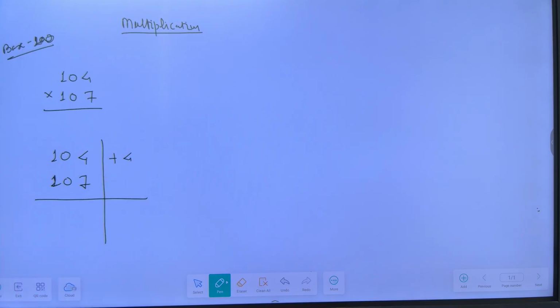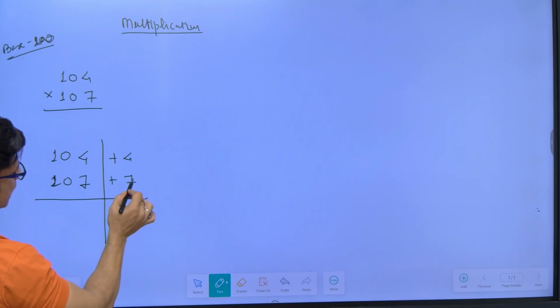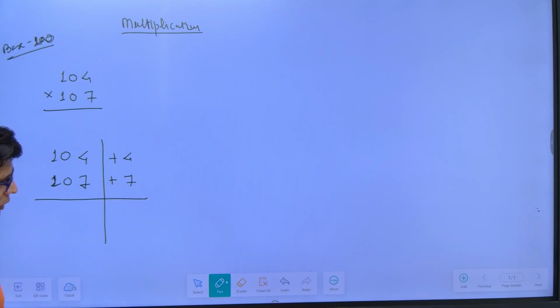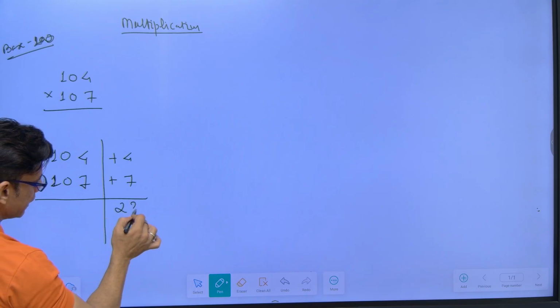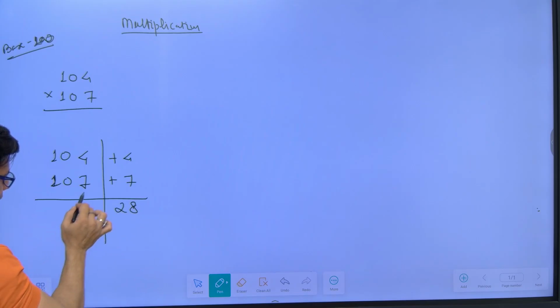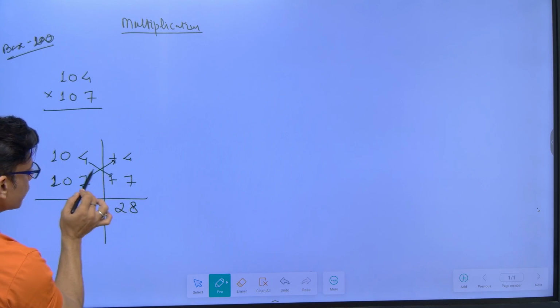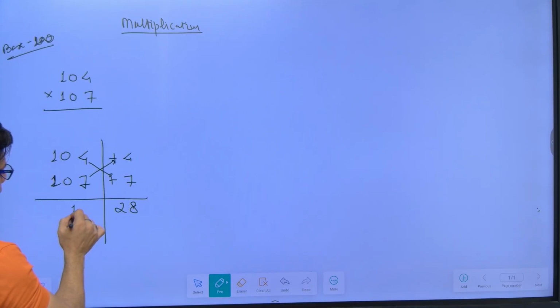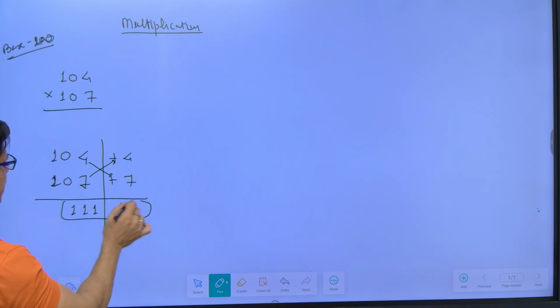This 107 is how much more than 100? So write plus 7. Now, here what you will get is the multiplication of these two numbers. 7 4s are 28, write 28. And what you get here is the cross addition of this. So either this plus this or this plus this. Both will give the same answer. So what is 107 plus 4? This is your answer.